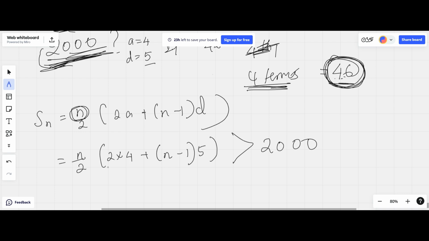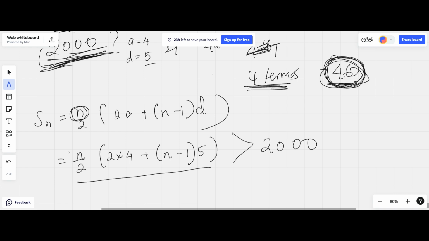If you didn't understand this, there's no point in doing this question. So first of all, understand this. This is the sum. For example, if you add the first four terms, you are going to get 46. Here we didn't put 4.